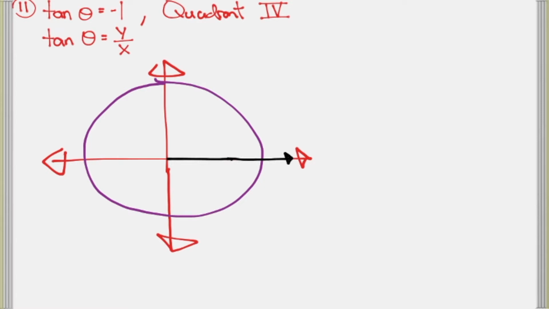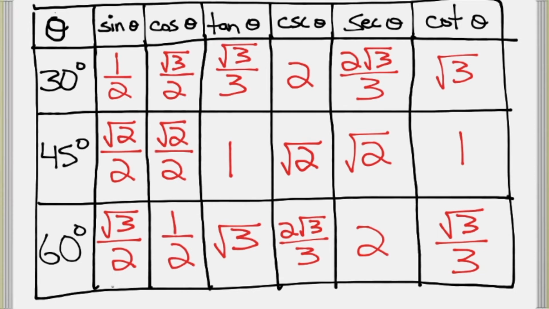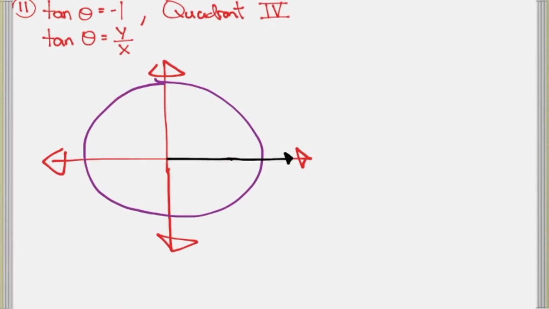So we go back to the chart that we were looking at a few different times yesterday and think about, okay, when are we going to get a tangent value of 1? We look at our third column on this chart, and tangent of theta is 1 when we're looking at a 45-degree angle. So the angle we're dealing with is 45 degrees.